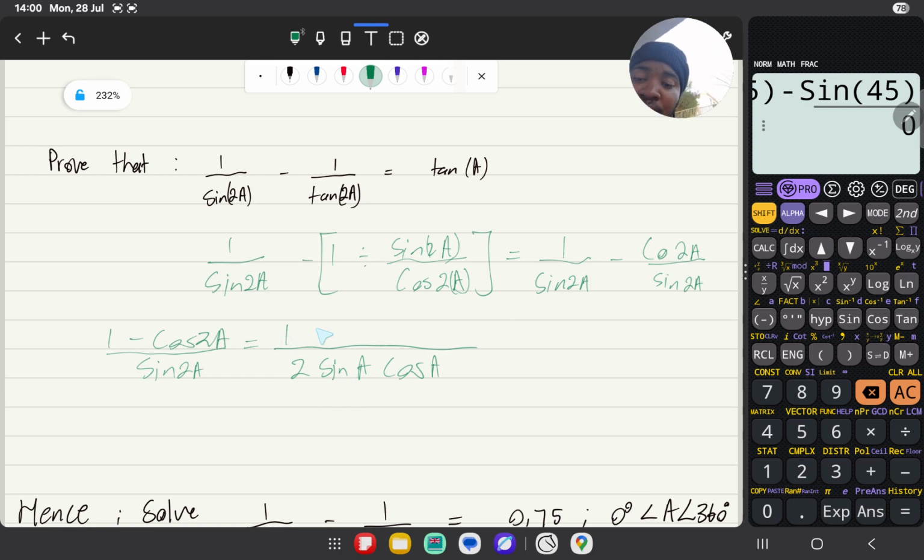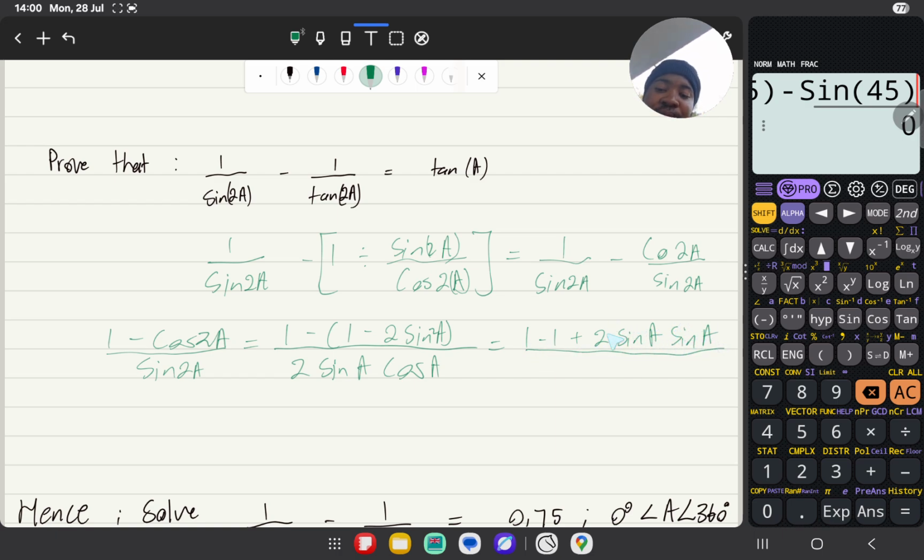So I can say 1 minus into 1 minus 2 sine squared a, and then that is 1 minus 1 plus 2 sine squared a. I can write it this way, and it is for a reason.